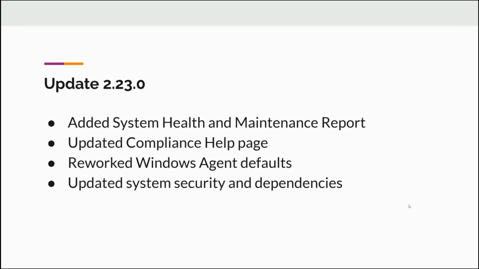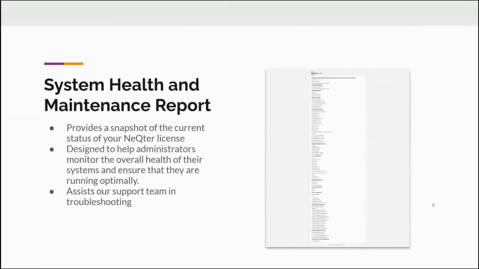So to start off, talking about the system health and maintenance report. This is the long view of everything that's included in it, and I'll break that down as we pace through. But overall, it provides a snapshot of the current status of your license and information like that. It was really designed to help admins monitor the health of your systems and make sure everything is running optimally.